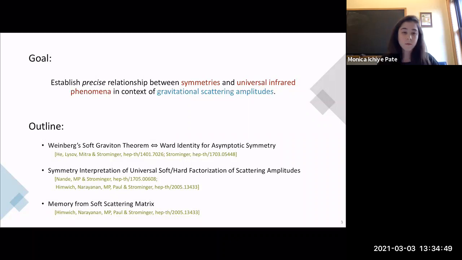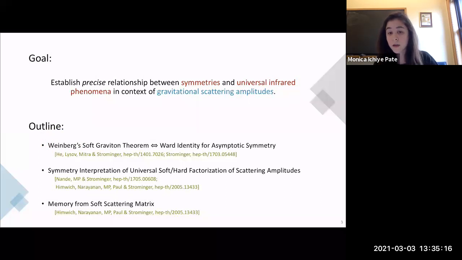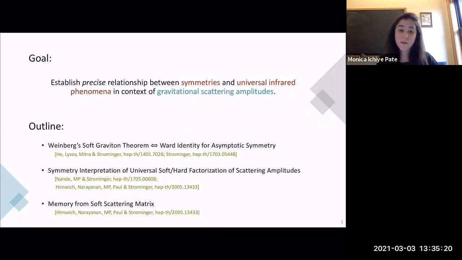The outline for my talk is as follows. In the first part, I'm going to review one instance of this precise relationship, which is the equivalence between Weinberg's soft graviton theorem and a Ward identity for infinite dimensional asymptotic symmetries known as supertranslations. This suggests that perhaps more generally, the universal structure of infrared singularities of scattering amplitudes might be understood as arising from symmetry.